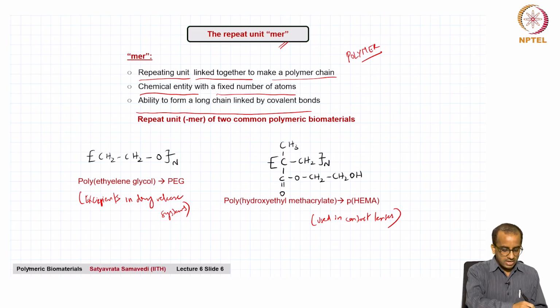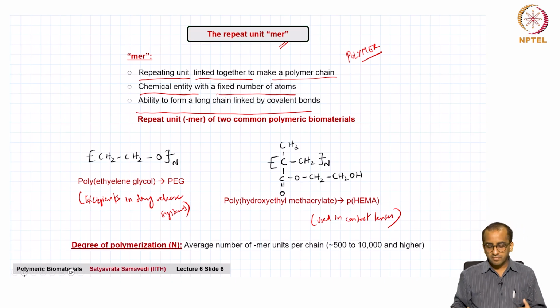And n here has a formal name, it is called the degree of polymerization. Note that it is the average number of mer units per chain, and it can be anywhere from 300, 400 thereabouts to all the way up to 10,000 or even higher, depending upon the polymer.